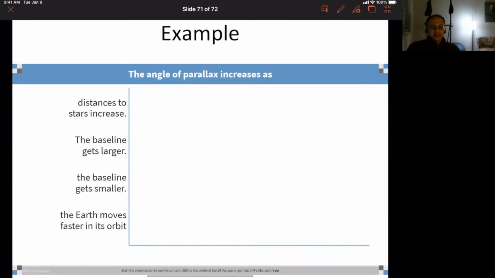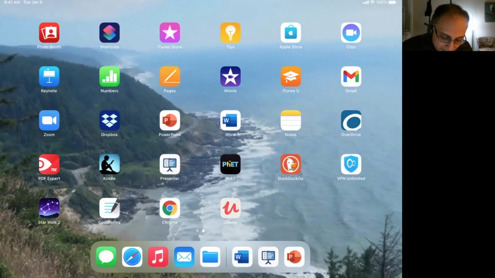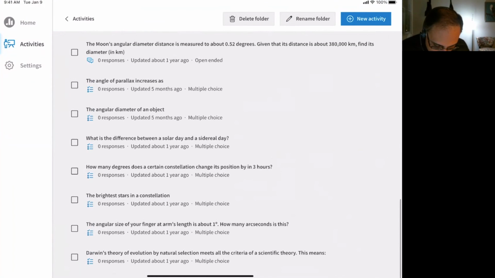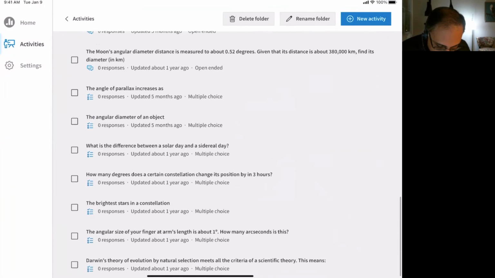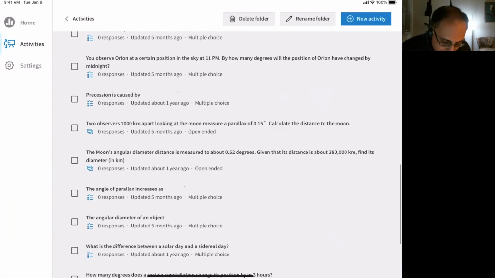All right, let's try this example. We are pretty much done with chapter 1.